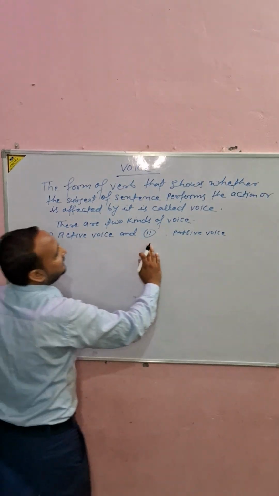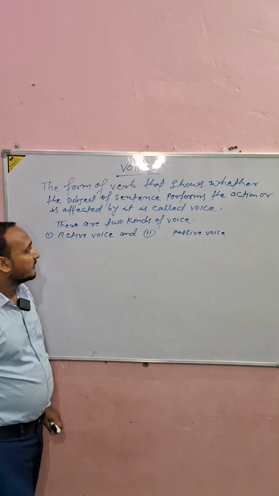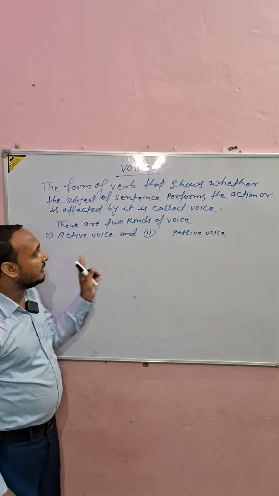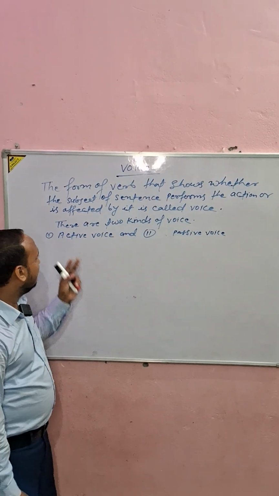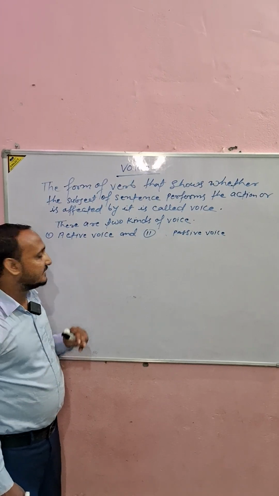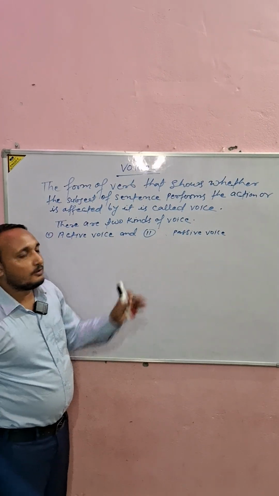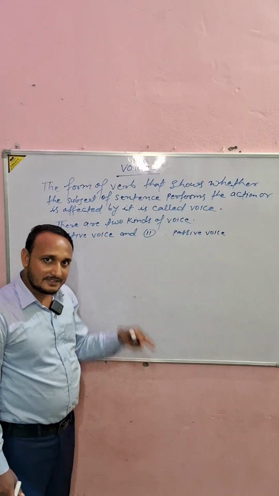So there are two kinds of voice, active voice and passive voice. Let me tell you, in active voice, the subject is always the doer. In passive voice, the subject is always the receiver.